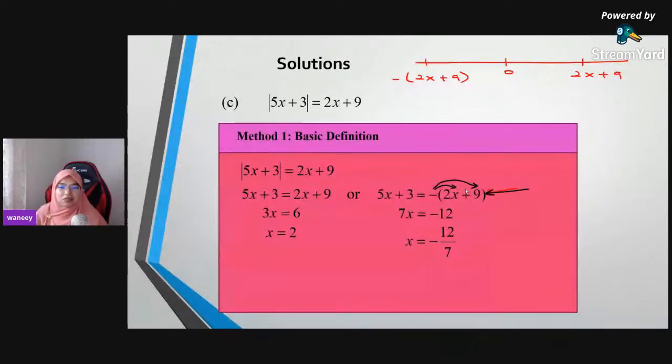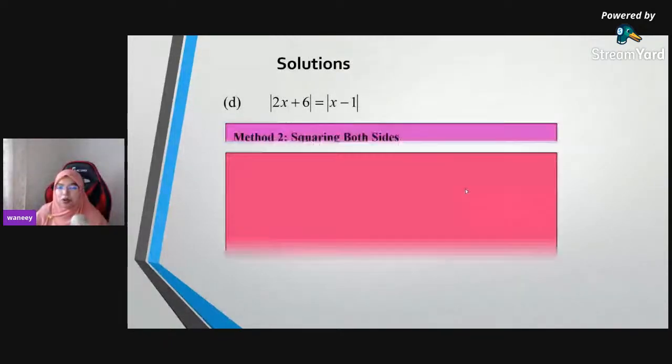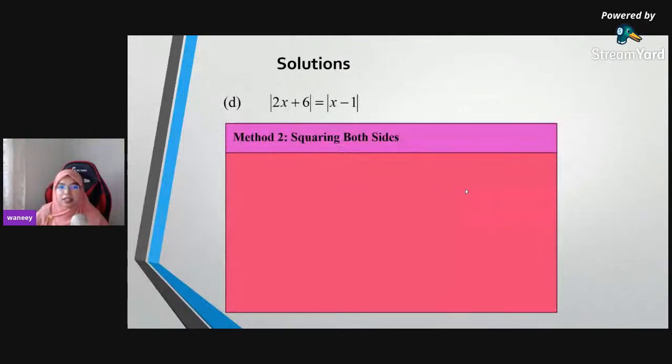D now. Okay, D. So we have the modulus of 2x plus 6 is equal to the modulus of x minus 1. So for me, this one, I'm going to use square both sides. So squaring both sides, everything on the left hand side inside one bracket, and then we're going to square everything on the left and right hand side.